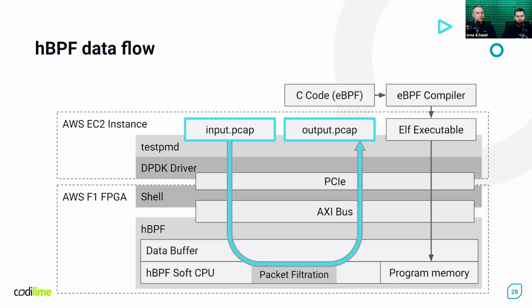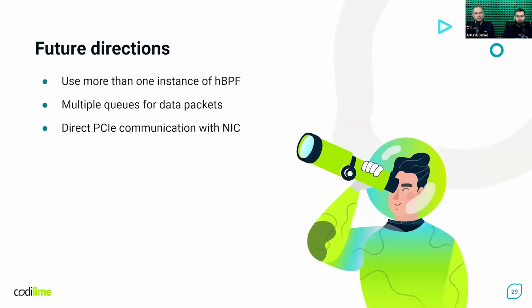When the processed packet shall be forwarded back, the entire data buffer is sent through the AXI bus to the host. The testpmd application captures all packets sent back to the output pcap file for later verification. If you are wondering what else could be done, our project creates the base for further investigation.